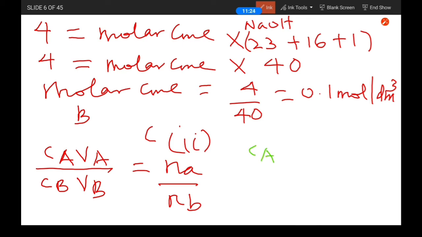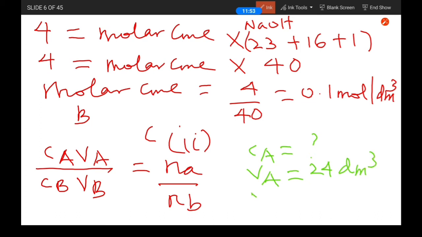Ca is the molar conc of the acid, which is unknown. Then Va, the value we always get from the titration, was given to be 24 centimeter cube.